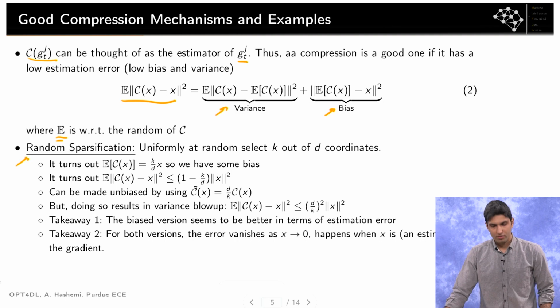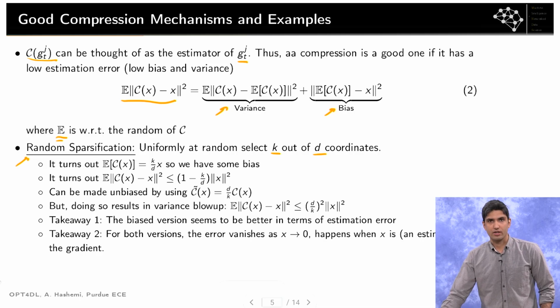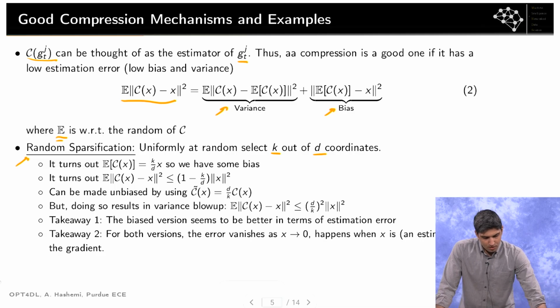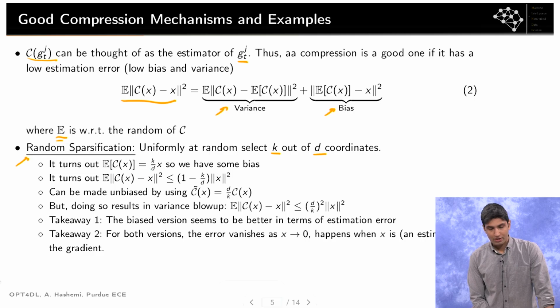As the name suggests, we're going to select K out of D coordinates, let's say uniformly at random, and only communicate those. In terms of the bias, it turns out, and this is not a very difficult calculation, that the expected value of the compressed quantity will be K over D times X. So this means that we're going to have some bias.